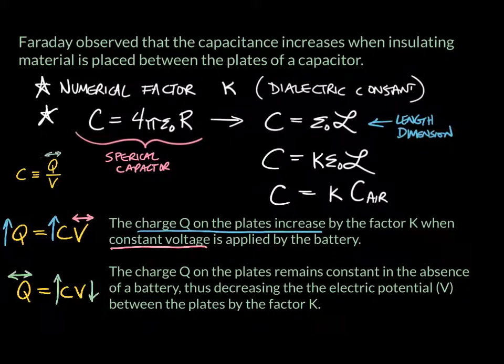If charge is held constant and voltage goes down, then capacitance has to go up in that case. And the same is true here. Just looking at that one, if voltage is constant and charge went up, then capacitance had to go up. Doesn't matter which way you look at it mathematically, it all shakes out the same.